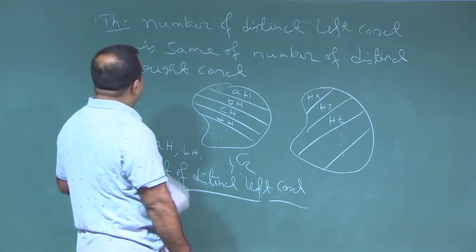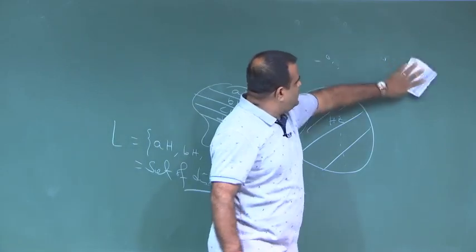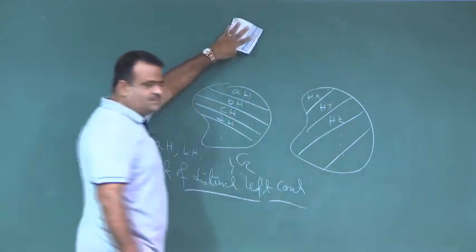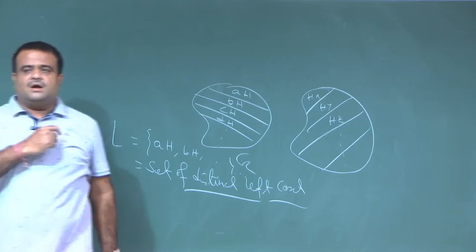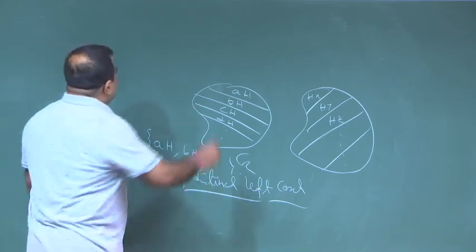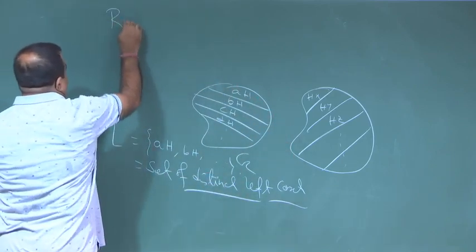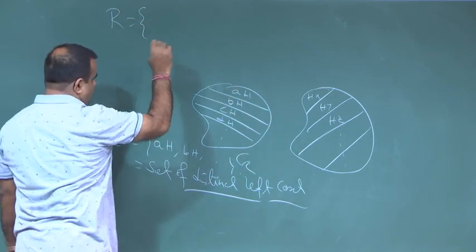Similarly, if we define R as the set of all distinct right cosets, then if we can have a bijective mapping from the set L to R, then we are done.